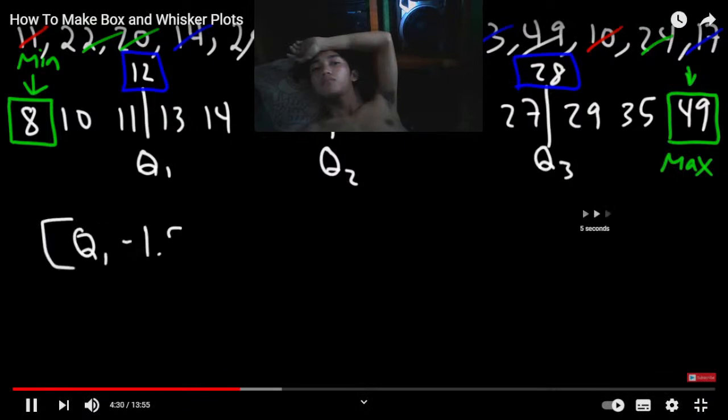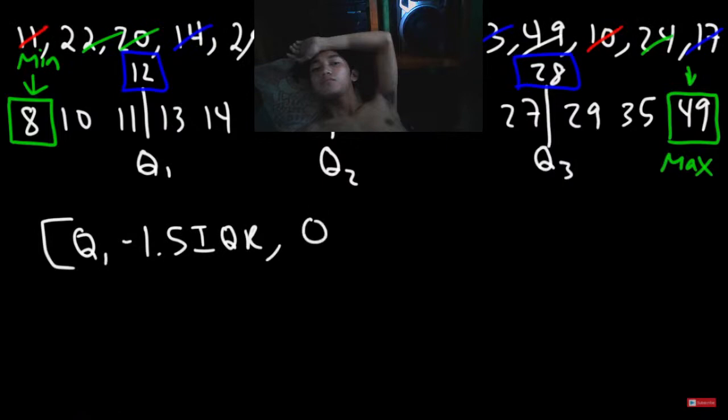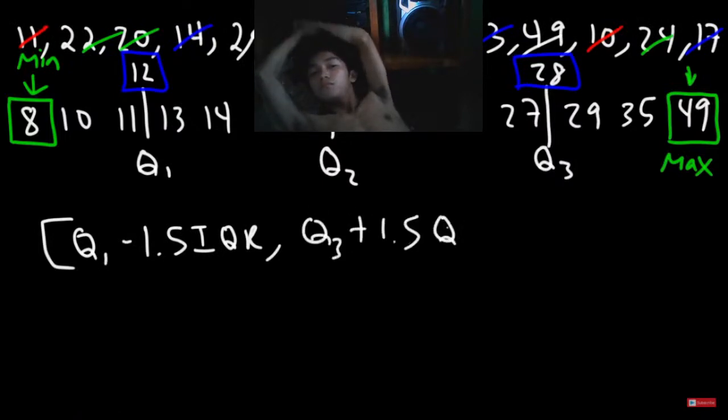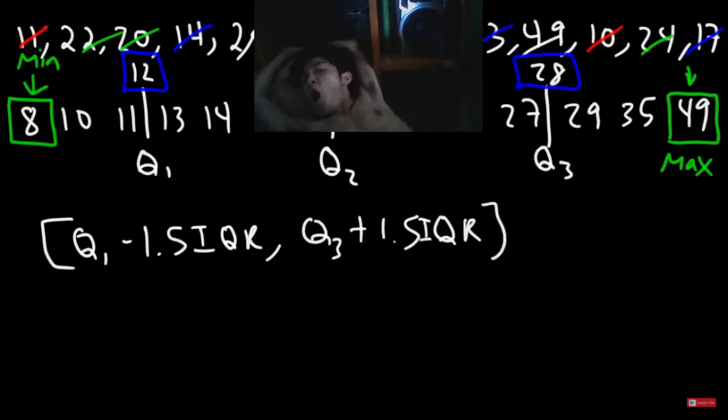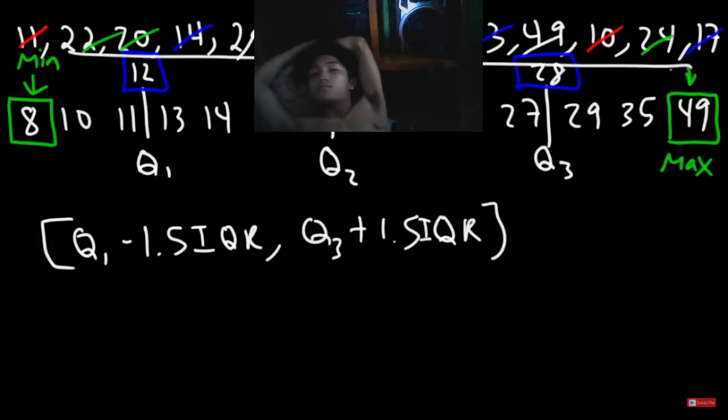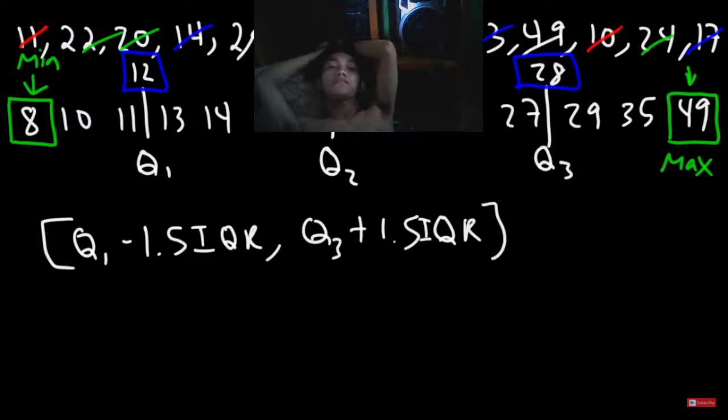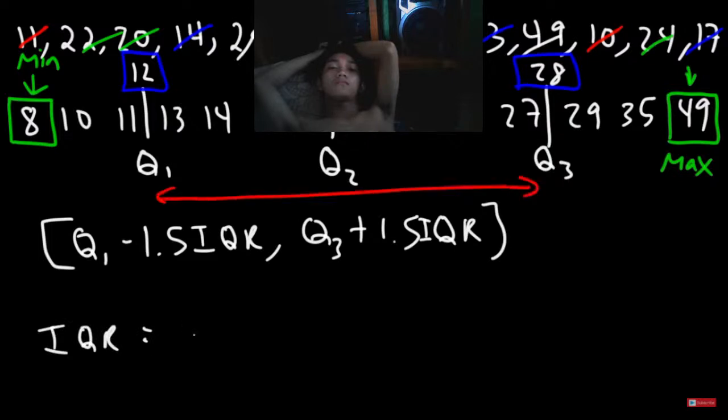which is Q1 minus 1.5 times the IQR value to Q3 plus 1.5 times the IQR value. So any number that is outside of this range, that is part of the data set, is an outlier. Now, the IQR value, the interquartile range, is basically the difference between Q3 and Q1.